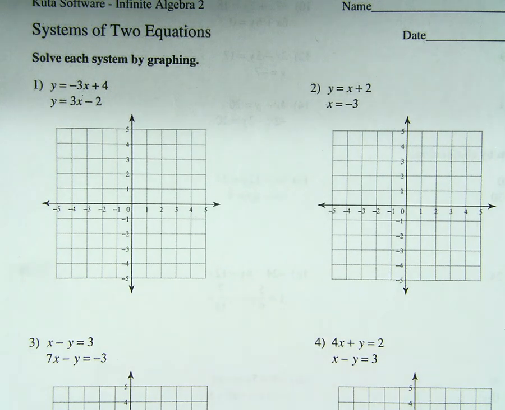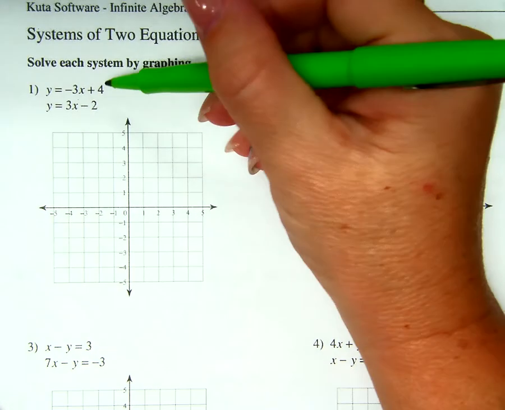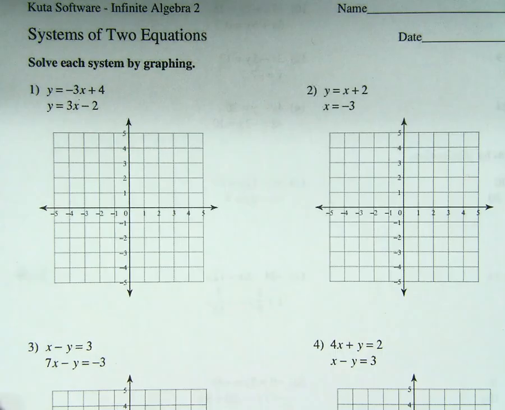I want to be able to say, let's do this thing, and as long as we understand the concept, then I'll show you how to do it on the calculator. If you already know how to do it on the calculator, you just be quiet. We'll get there. But I need to make sure you understand the concept first. Okay? How do you graph this first equation?